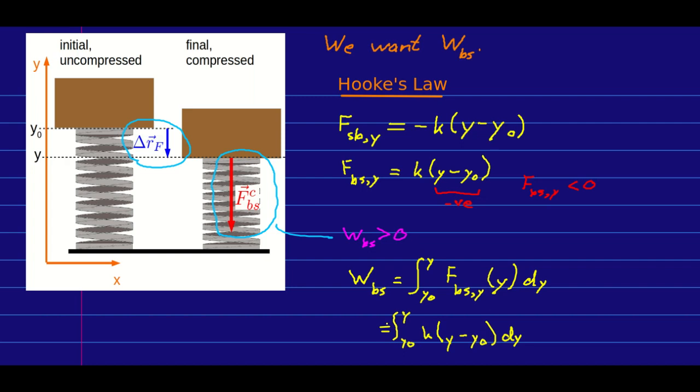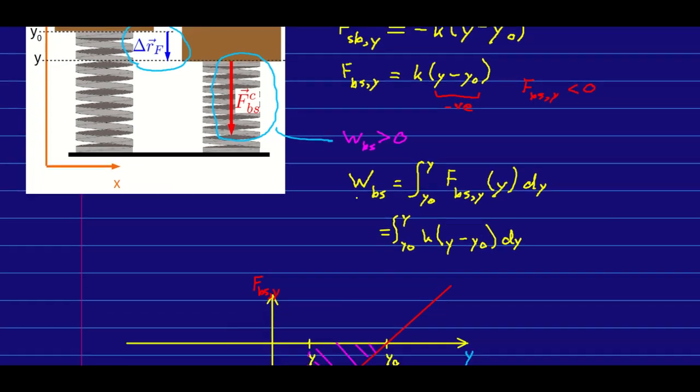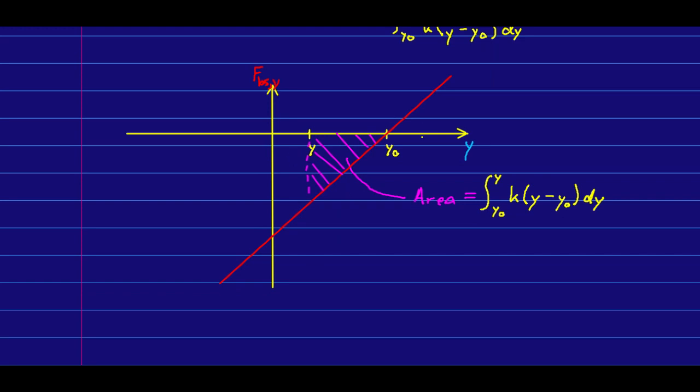And this is one of these integrals that you can evaluate without knowing any calculus, because remember, it's just the area under a curve. And so here is the graph of that force versus y. And at y0, we know that that force is 0, and it's linear. And here's y, and the area we want is right here.